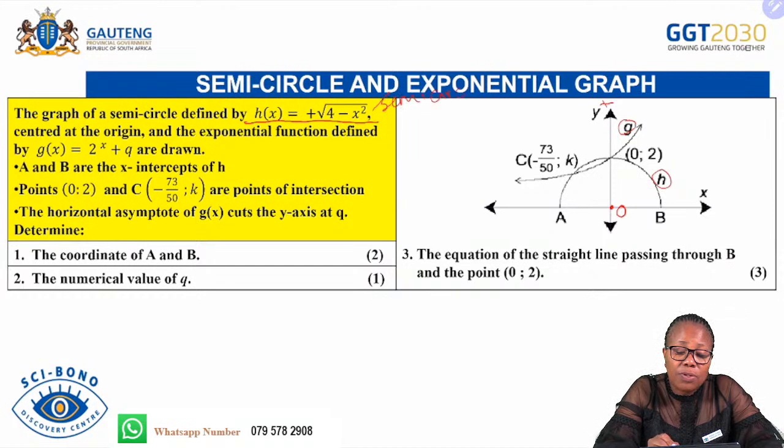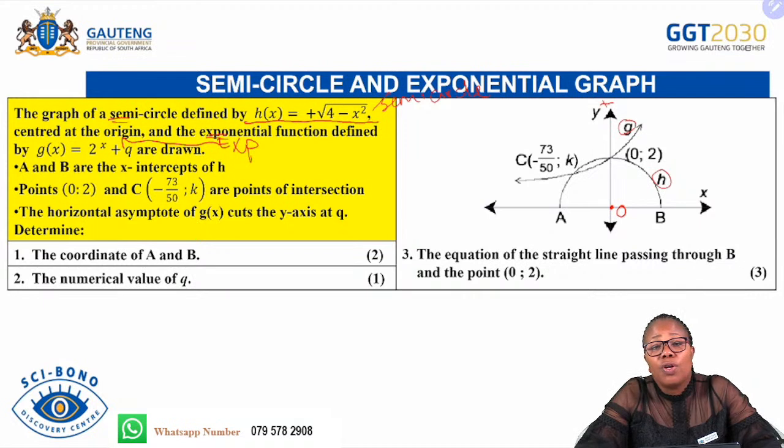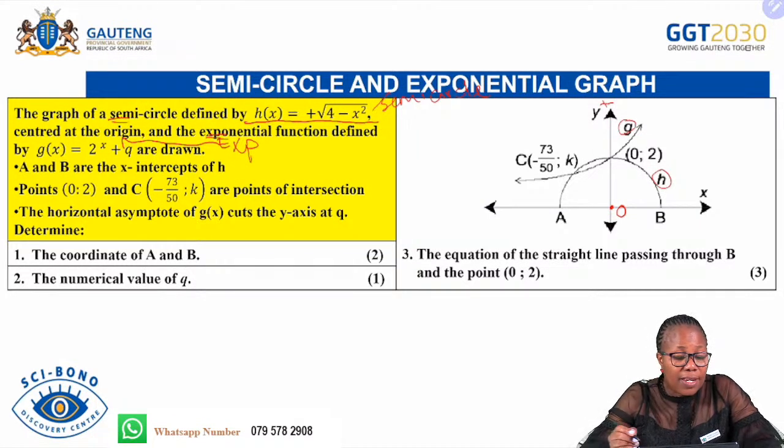You must be able to identify from the formula. This one is an exponential one. Even if it was not indicated to us, grade 12, you must be able to identify them. And then now we are given A and B. We are talking about these points here. They are the x-intercepts of the h function of a semicircle. All right.